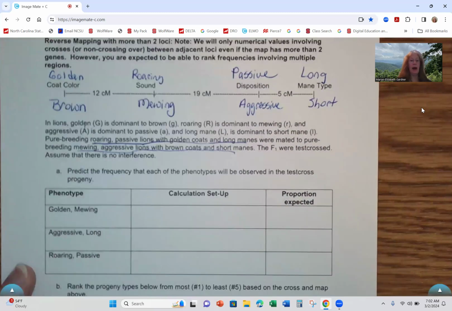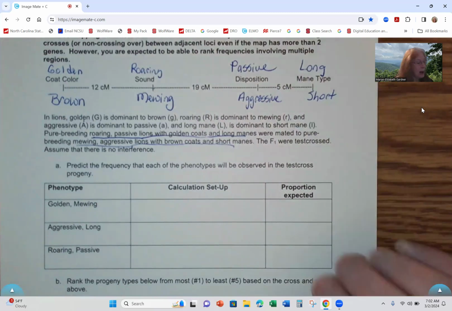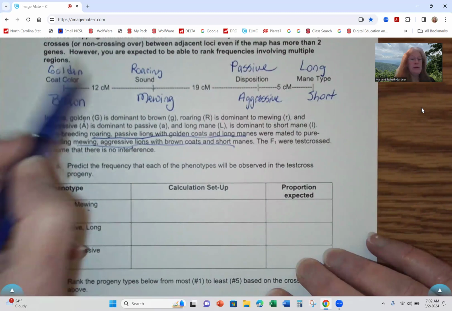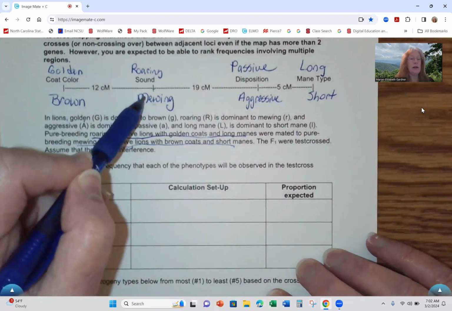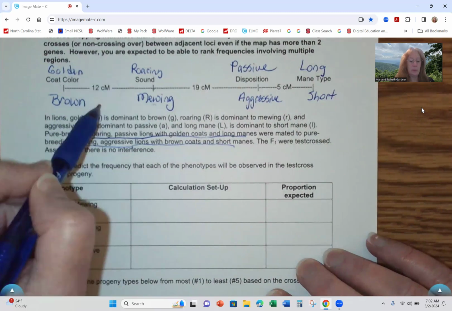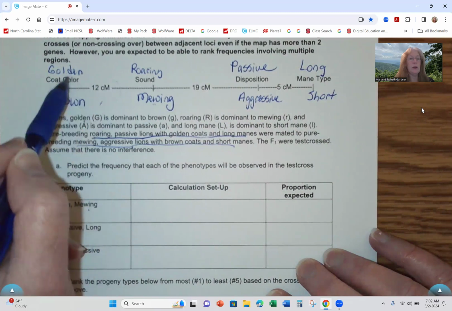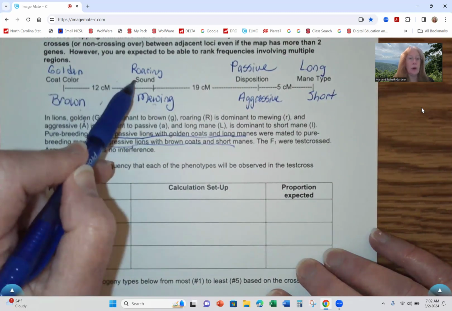Now we need to think about how to calculate these different things. Golden and mewing requires a cross in that first region. The map distance here is 0.12. Half of the individuals that cross in this region are golden mewing. The other half are brown and roaring.